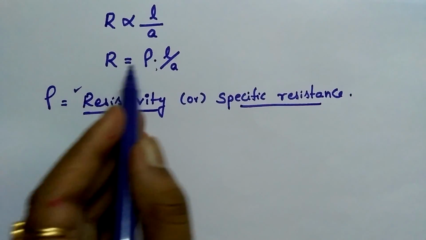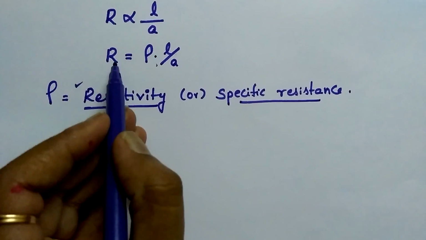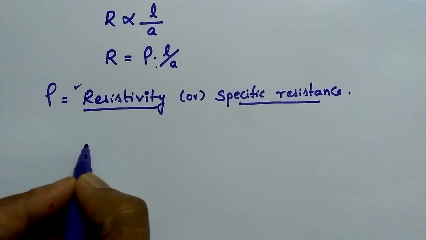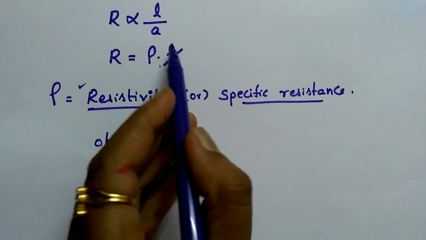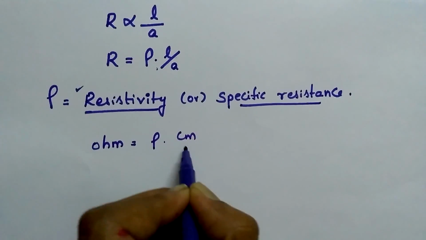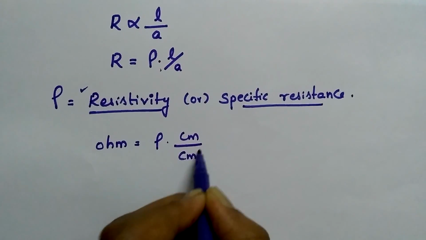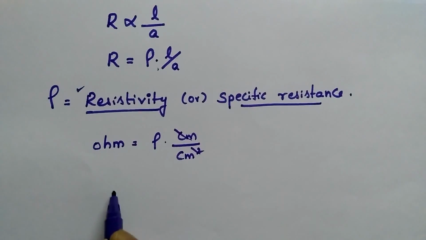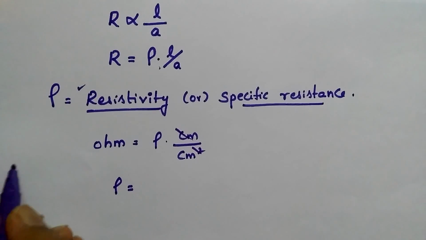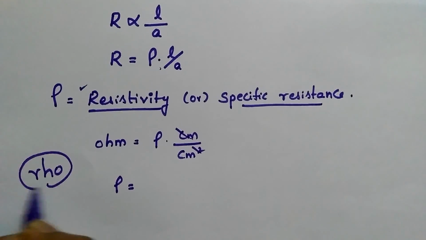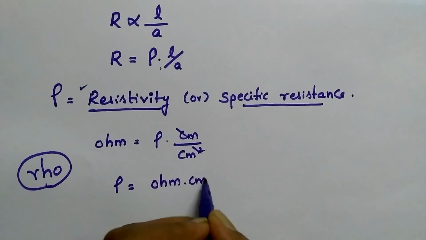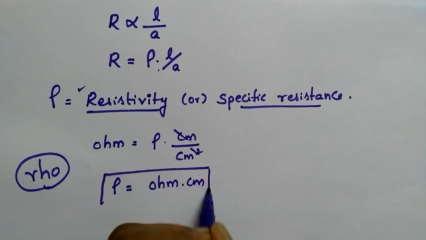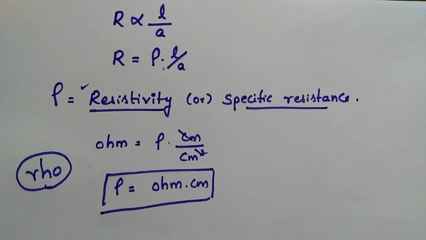Let us see the units for resistivity. Resistance unit is ohm, length in centimeters, area in centimeter square. So resistivity rho is equal to ohm centimeter. This is the unit of resistivity.